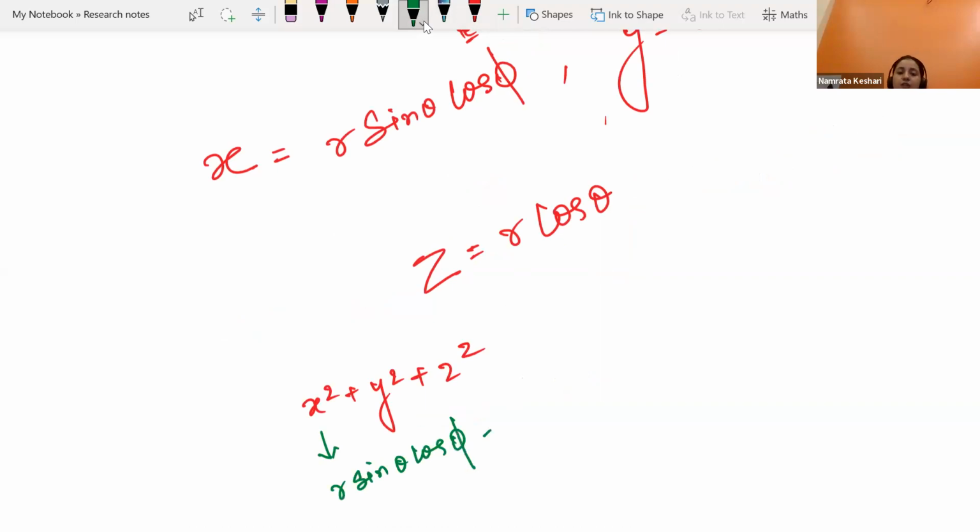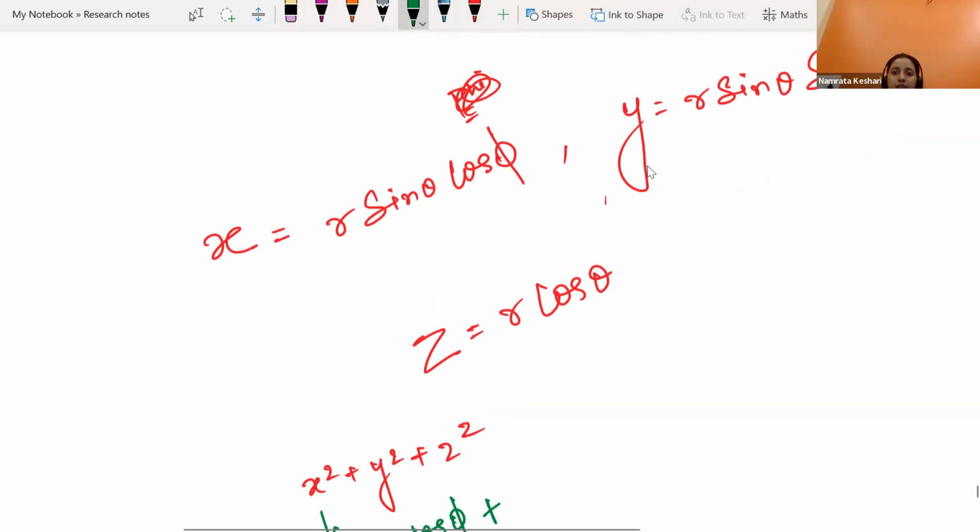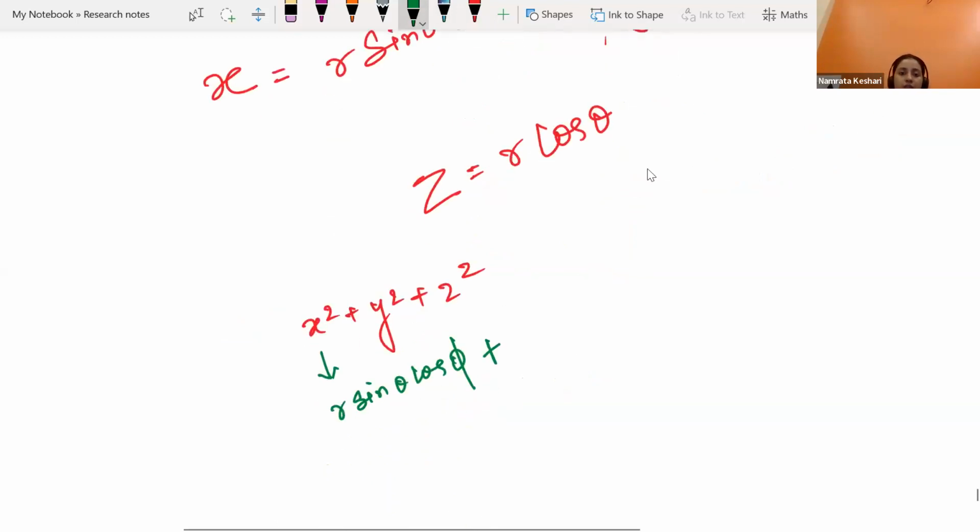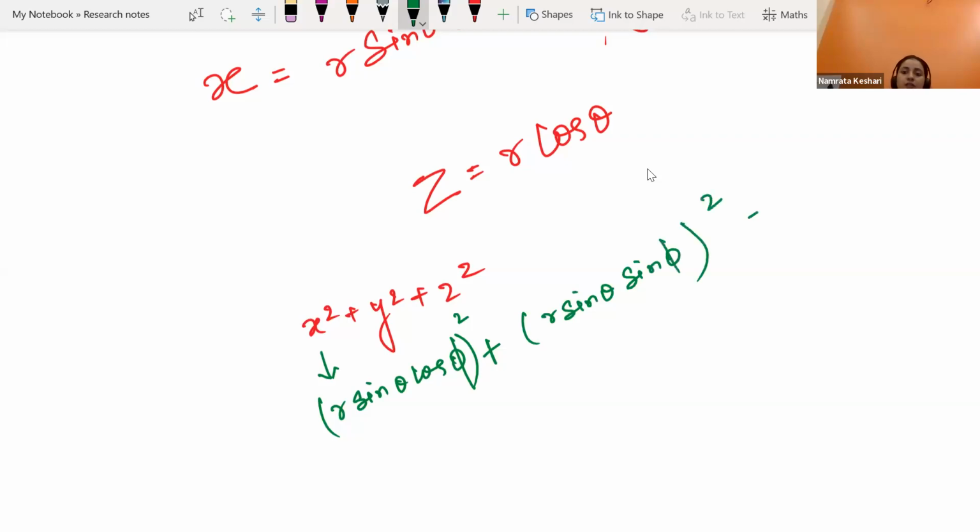Okay, let's try doing it. We are coming to the option part. Y is r sin theta sin phi, and this is squared. And z is r cos theta, and this is squared.